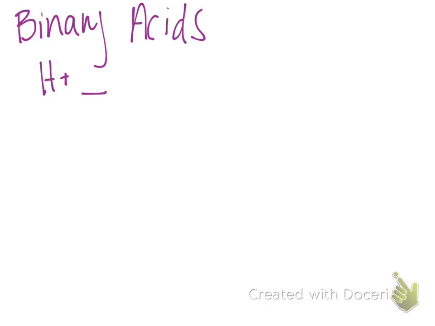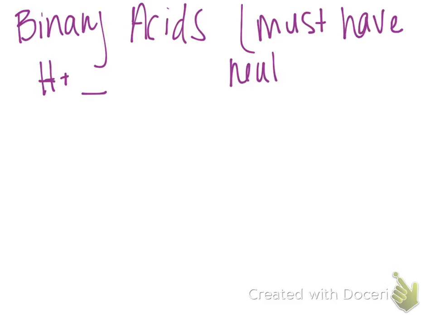And the way that we put these binary acids together is we have to balance charges. Okay, so acids must have a neutral charge. This is all acids, not just binary. Okay.